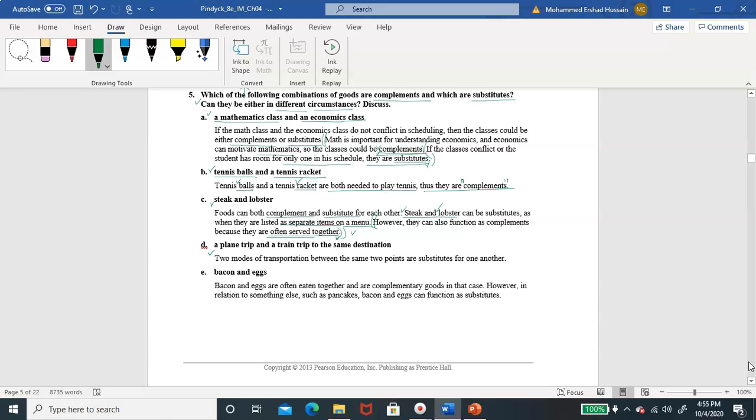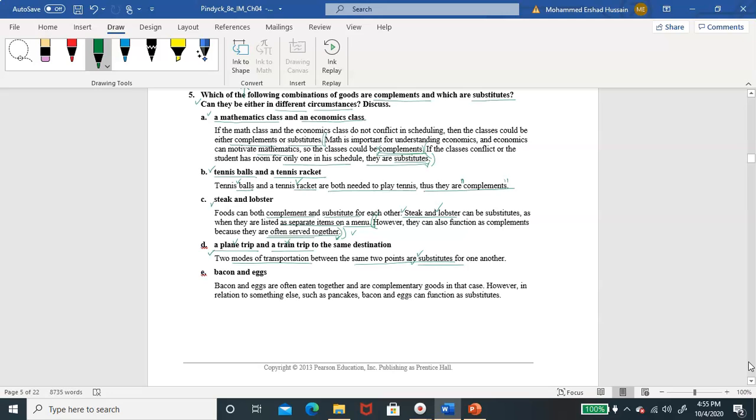A plane trip and a train trip to the same destination. Are these complements or substitutes? Two modes of transportation between the same two points are substitutes for one another, right? So you can either go by plane or by train, right? And to the same destination, right?